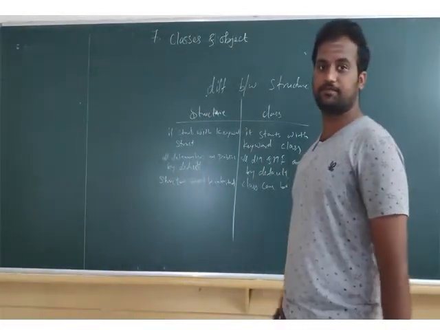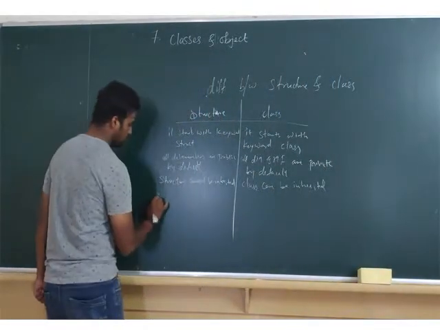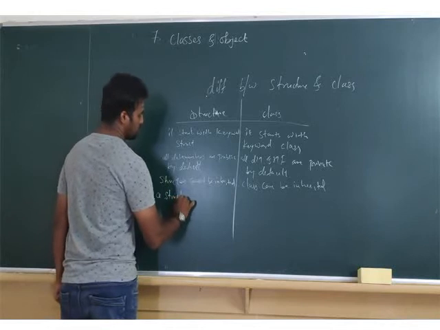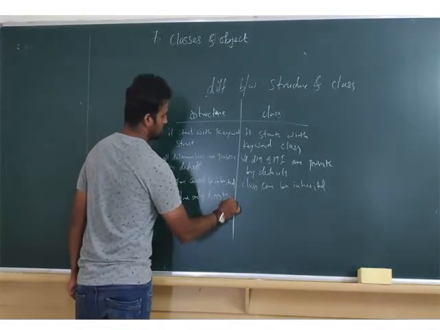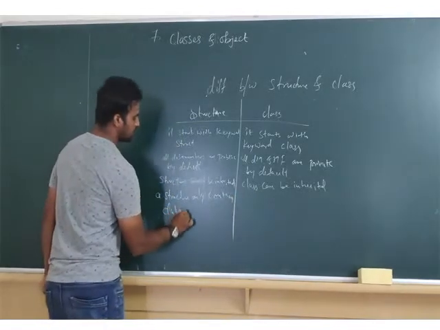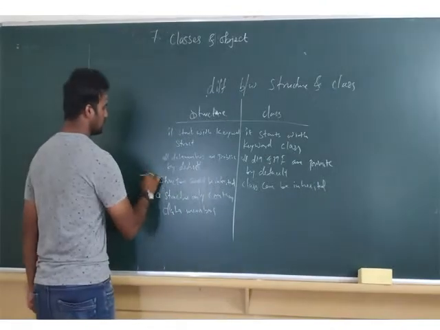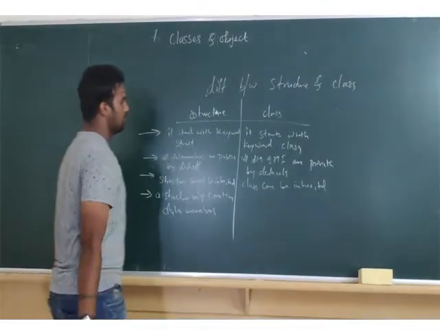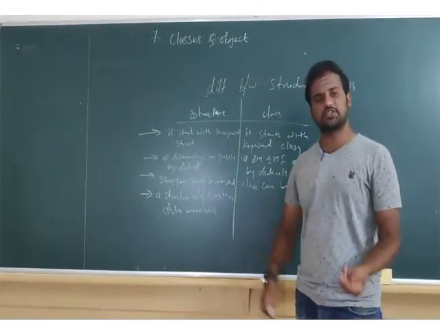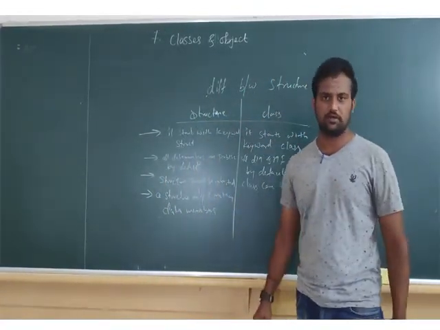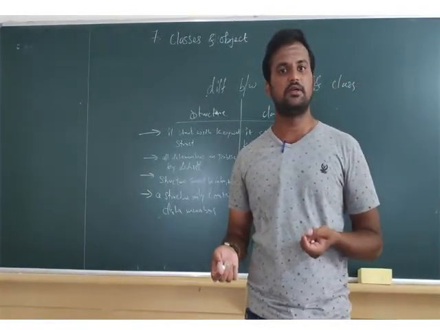Next is a structure only contains data members. A structure only contains data members means here only in the structure we have to write variables like integer a, float b, char c, like that. Okay?